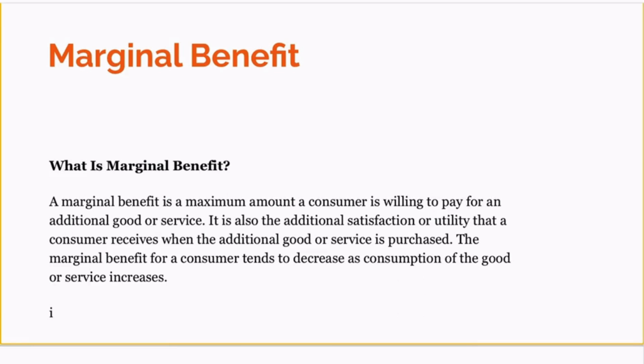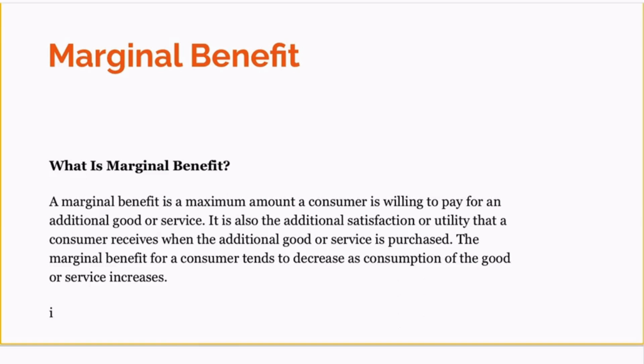So it means that it all depends on the consumer's choice. If the consumer wants the 101st good, then the amount he is willing to pay for that 101st good, and why would he purchase the 101st good? He might see some benefit from it, right? So that benefit which he would be accruing by purchasing the 101st good would be called a marginal benefit, right?